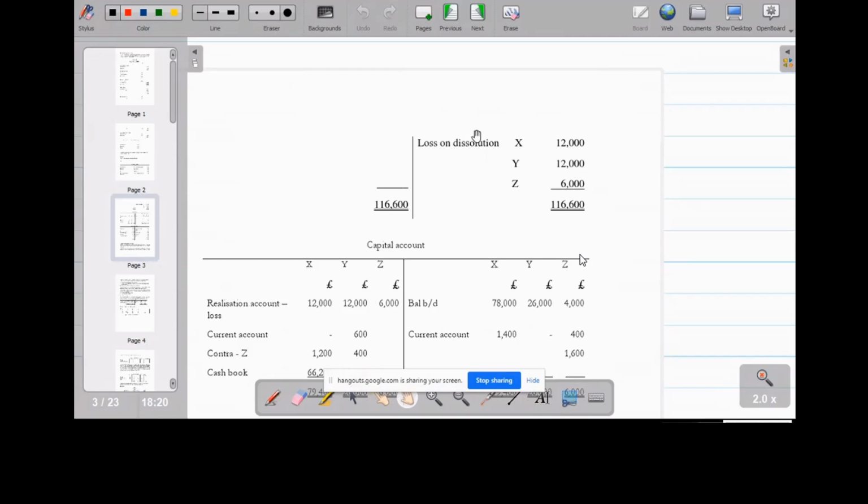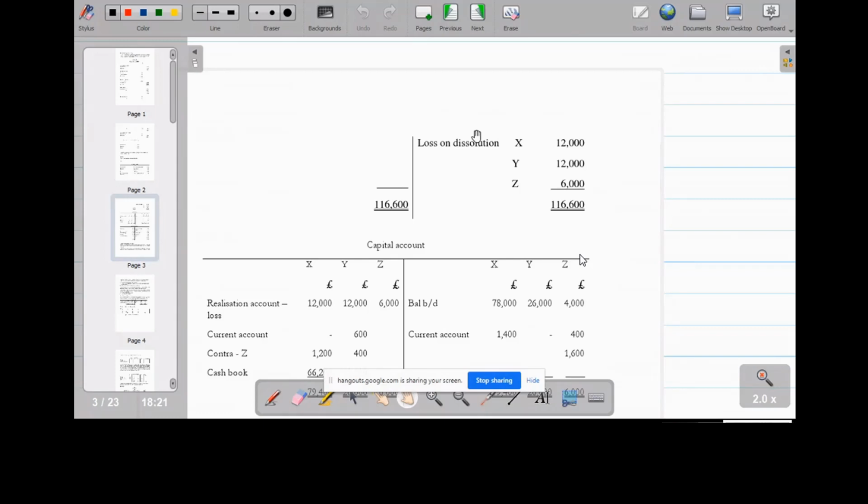Out of this loss, partner X will be entitled to 12,000, partner Y 12,000, and partner Z 6,000. So that is the loss that was made when these assets were being realized at the time of the dissolution of the partnership business.